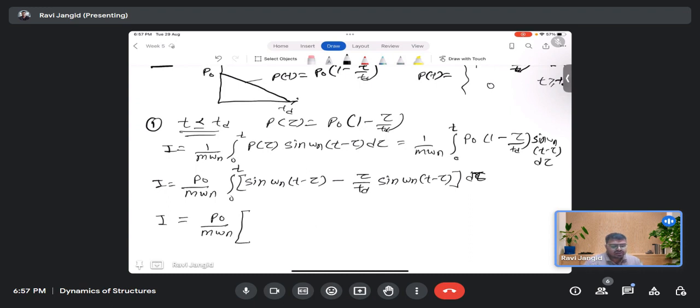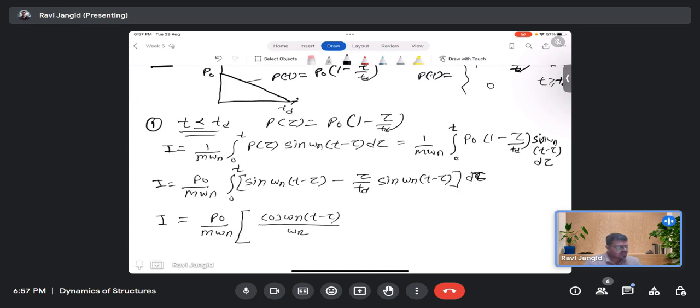If I integrate sine omega n (t minus tau), I will get minus cos omega n (t minus tau) divided by omega n.